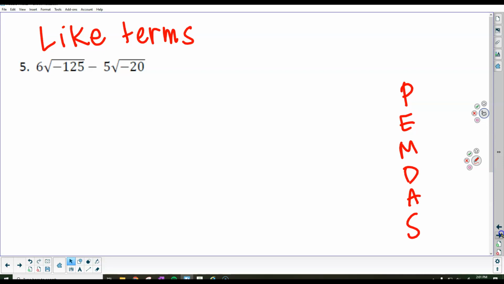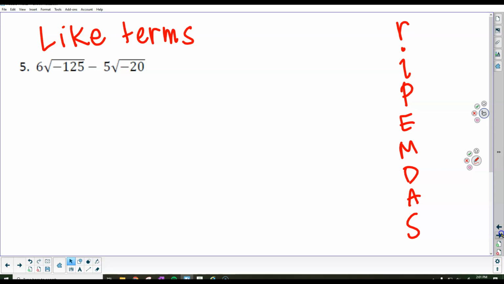Do y'all remember? Order of what? Thank you. So this is like baby order of operations. Here are the 2 pieces that are missing that you need to know. What that stands for: if there's any roots, you've got to simplify your roots. If you have any imaginary numbers to an exponent, you've got to clean that up. Then you do your regular order of operations that you learned in junior high or whatever.